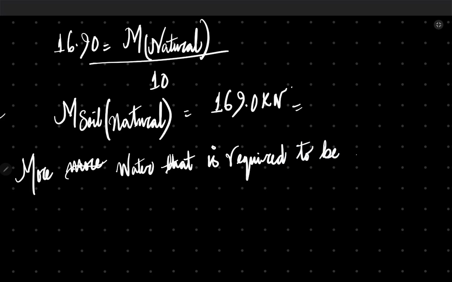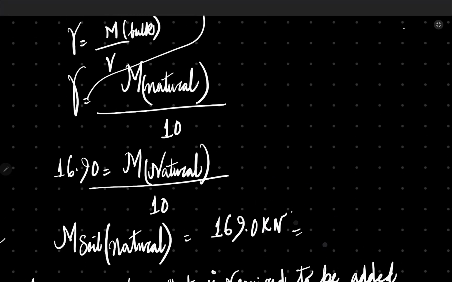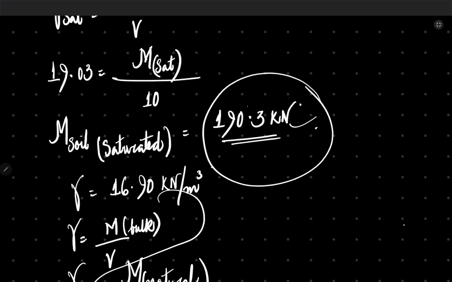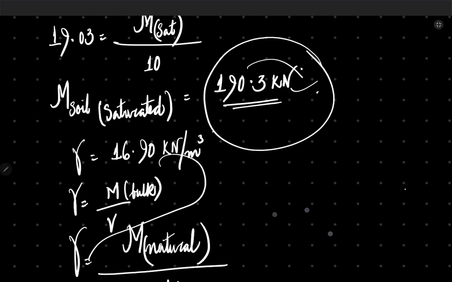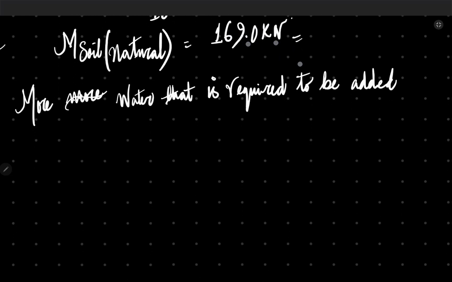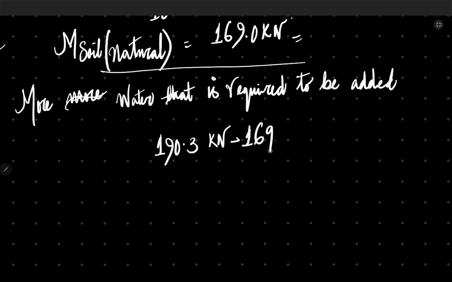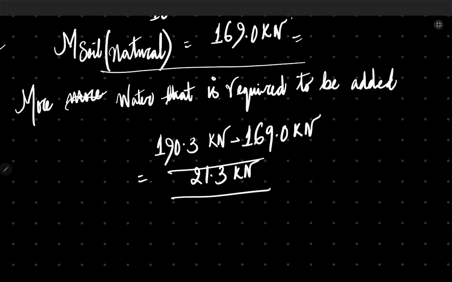How much? That is this minus this: 190.3, mass of the soil in saturated state, minus mass of the soil in the natural or the bulk state, 169.0 kilonewtons. That is equal to 21.3 kilonewton.